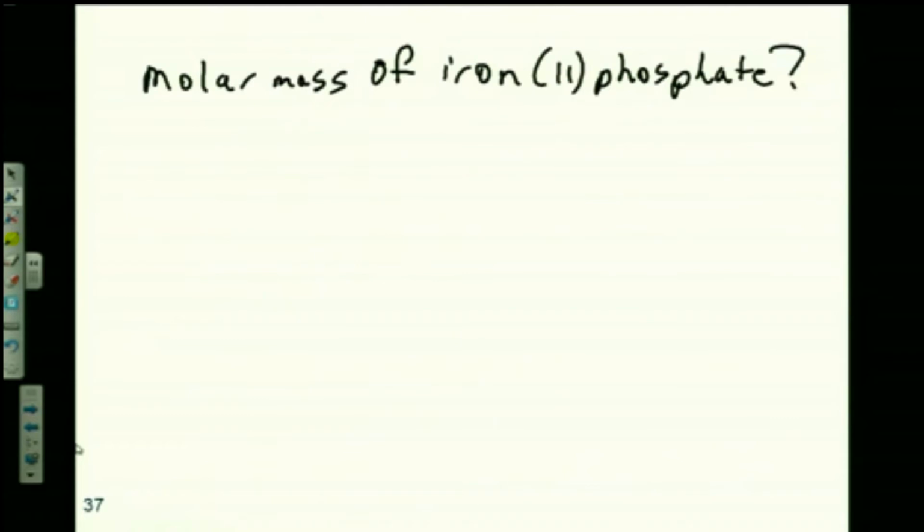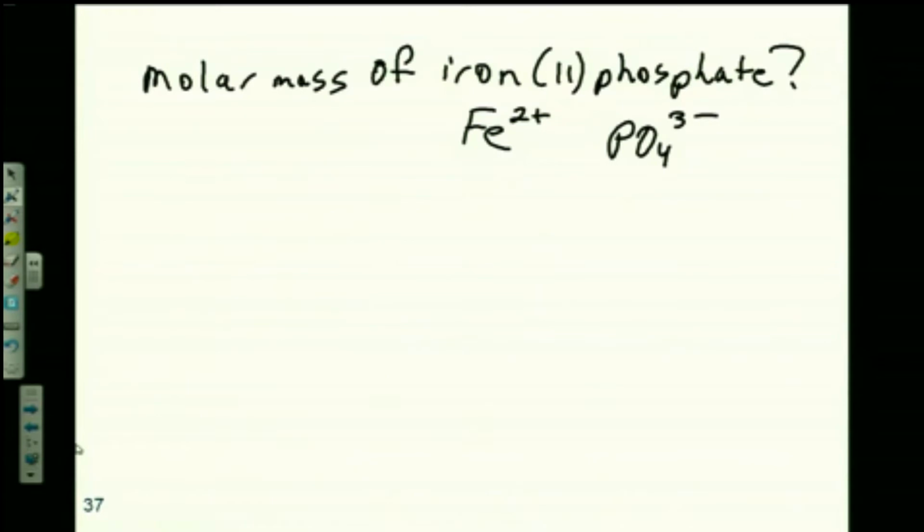This is in the last chapter, right, guys? This is in chapter 4. What does the Roman numeral tell me? Iron is 2 plus. What does that ending ATE tell me? It's a polyatomic ion. So I look in the table and phosphate is PO4 3 negative.